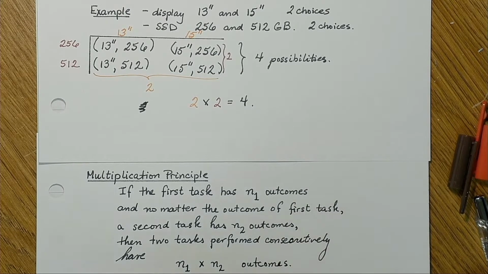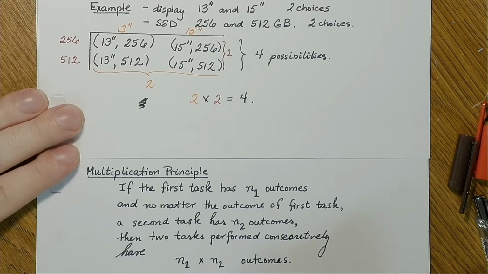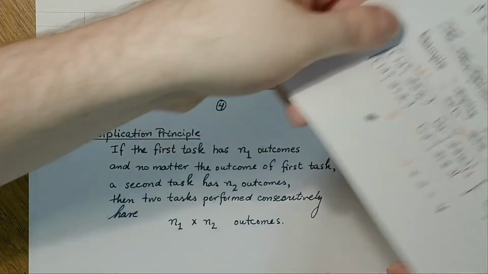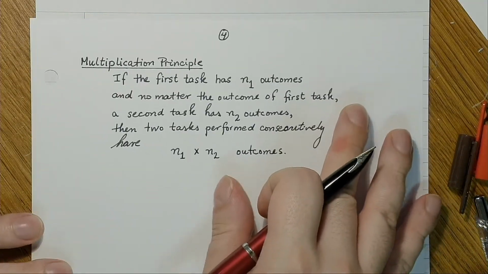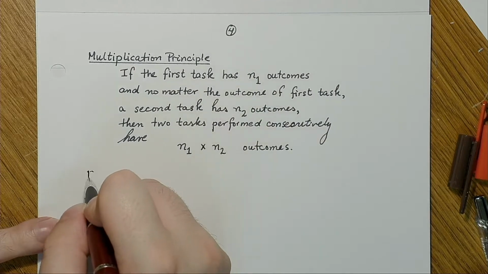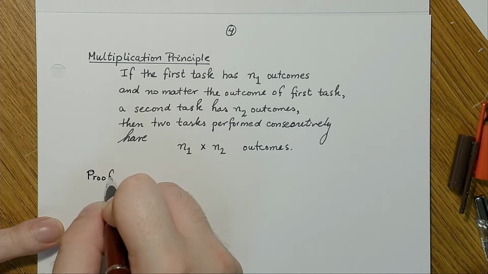Okay, that's a lot of formalism, just so that I can do that. But that's what the idea is. And the proof is very similar to what we did previously. It's just generalizing.